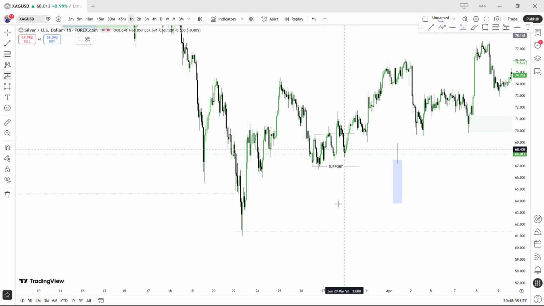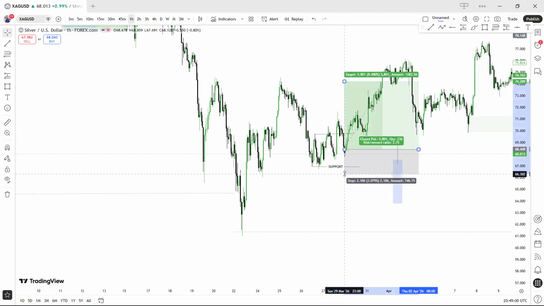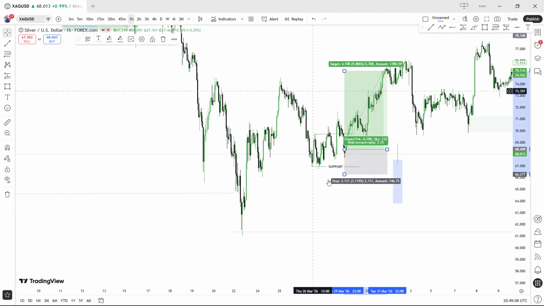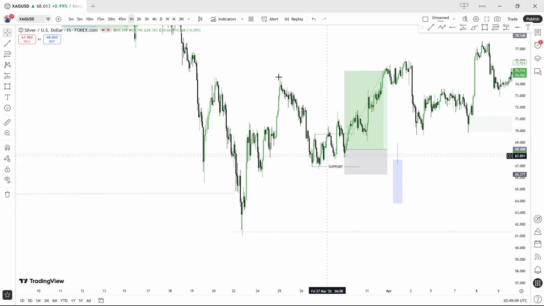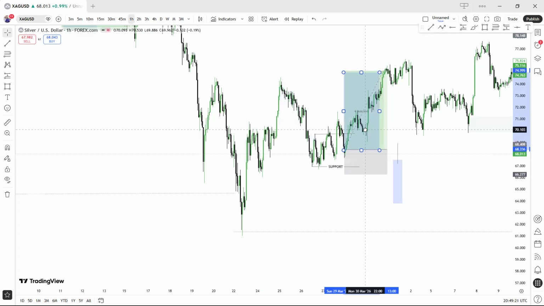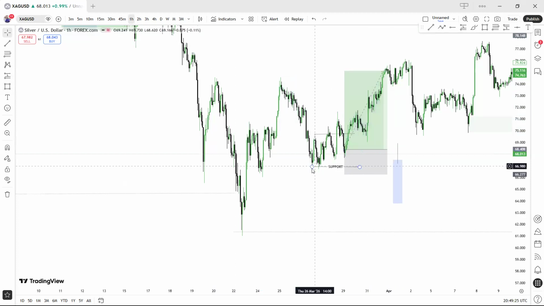When it came back to this accumulation zone, if your stop loss is above the support, it came back to that zone. If you measure it, you see that it actually hits TP. Just measure it. Why? Because it respected support more than resistance.